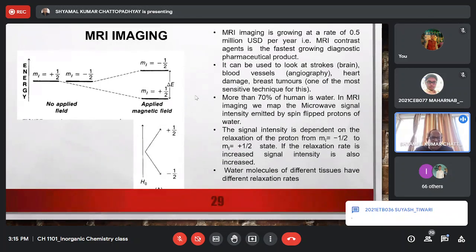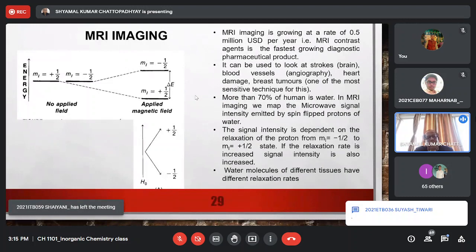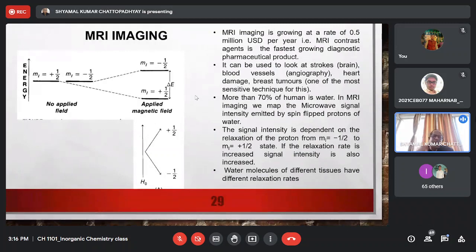So depending on the circumstances, the doctor who is acquiring the image may acquire both kinds of relaxed images, or he may acquire particularly T1 relaxed images.